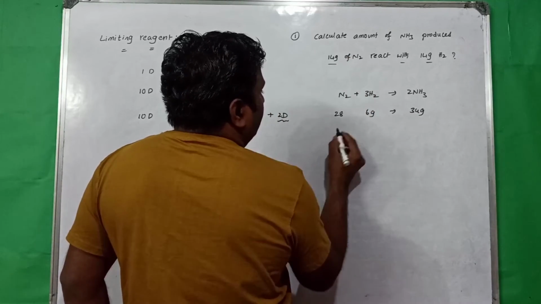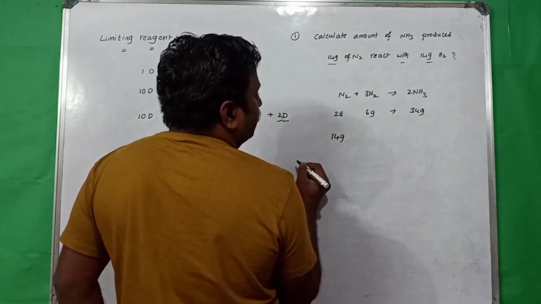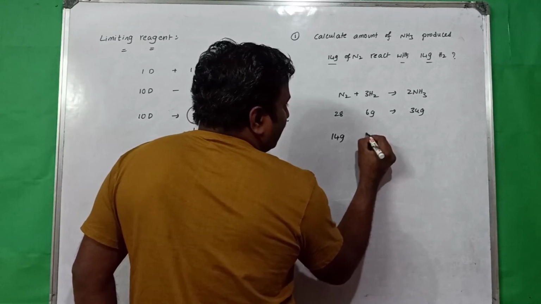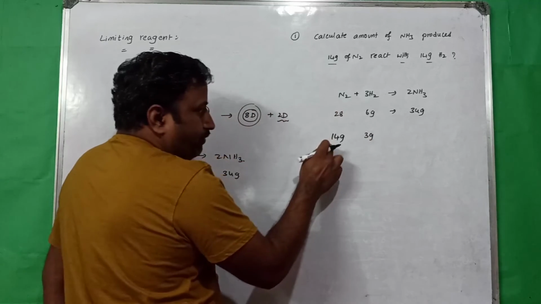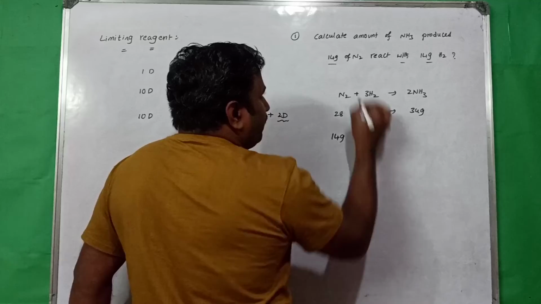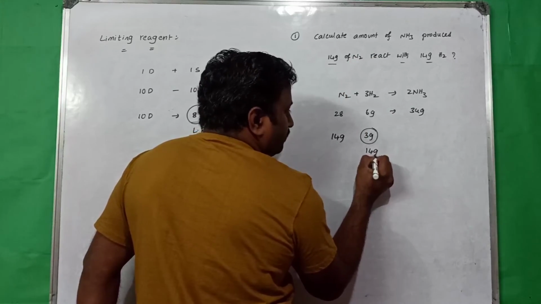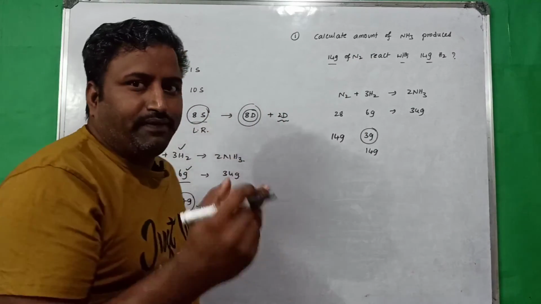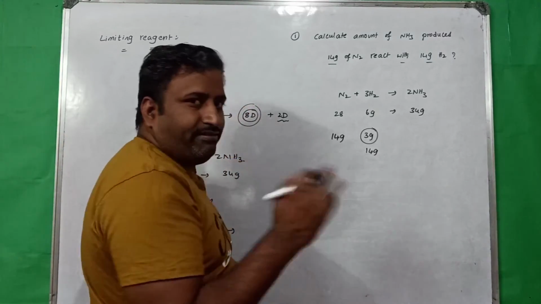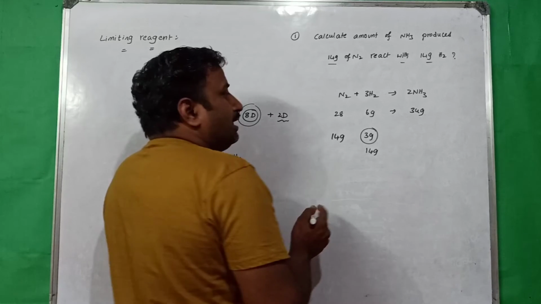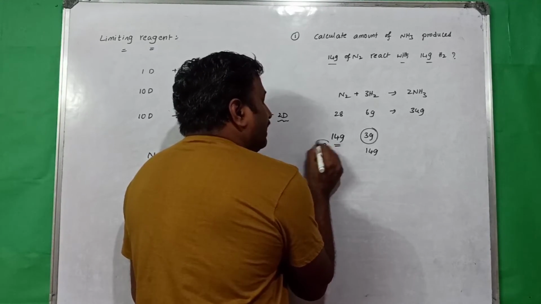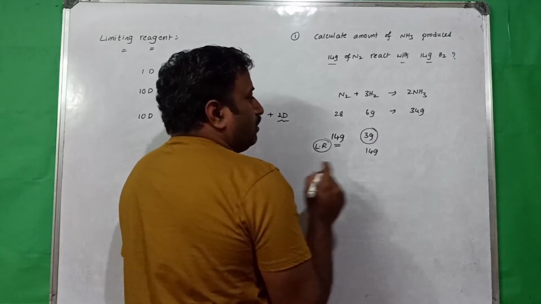But in our question, nitrogen is given as only 14 grams. Then it will consume only 3 grams of hydrogen, half only will be consumed. But 14 grams is given. So it will react with only 3 grams. The remaining 11 grams will be left over, because nitrogen is the limiting reagent.